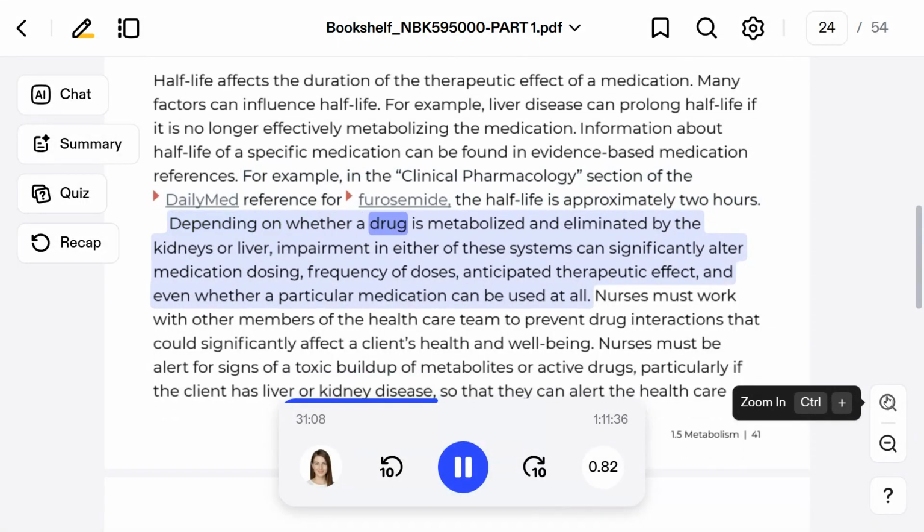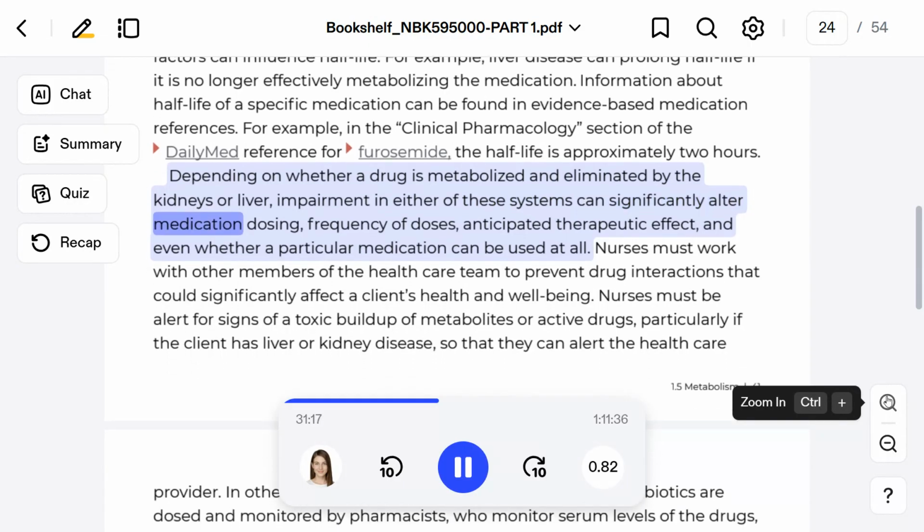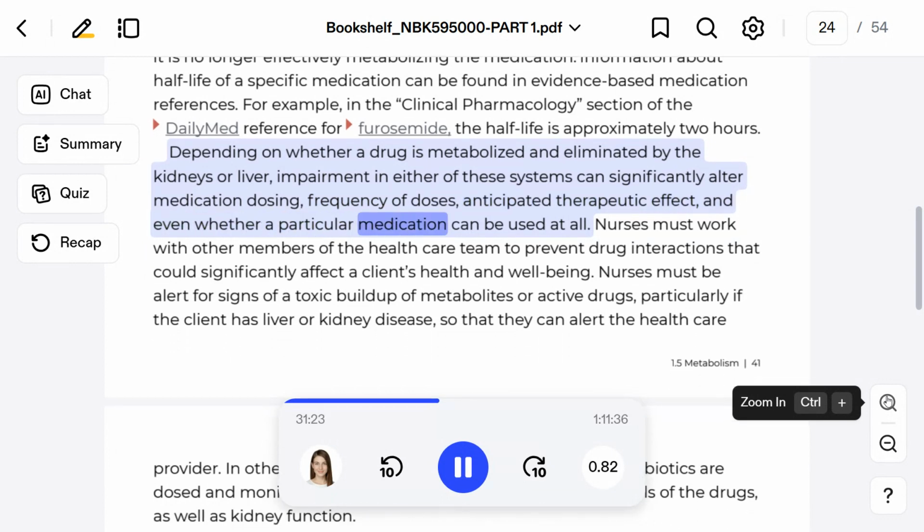Depending on whether a drug is metabolized and eliminated by the kidneys or liver, impairment in either of these systems can significantly alter medication dosing, frequency of doses, anticipated therapeutic effect, and even whether a particular medication can be used at all.